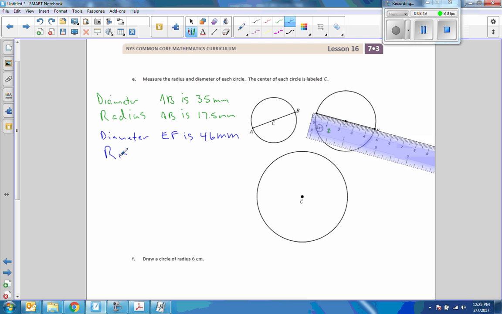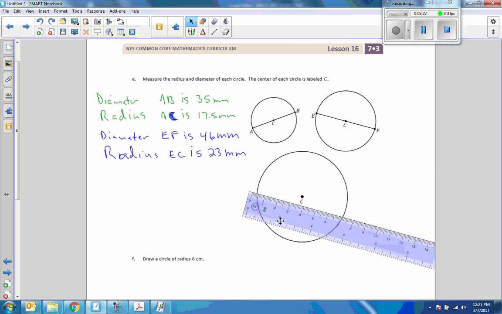Radius EF, I'm not naming these right, I just caught that. Radius AC, my apologies, it's half of 46, which is 23 millimeters, okay? And now I'm going to do the last one.